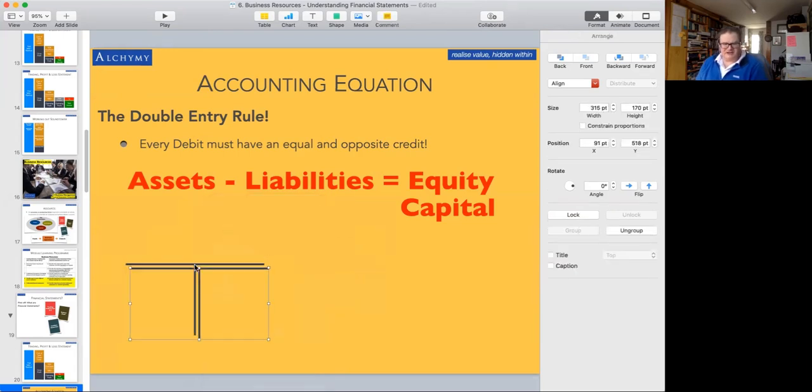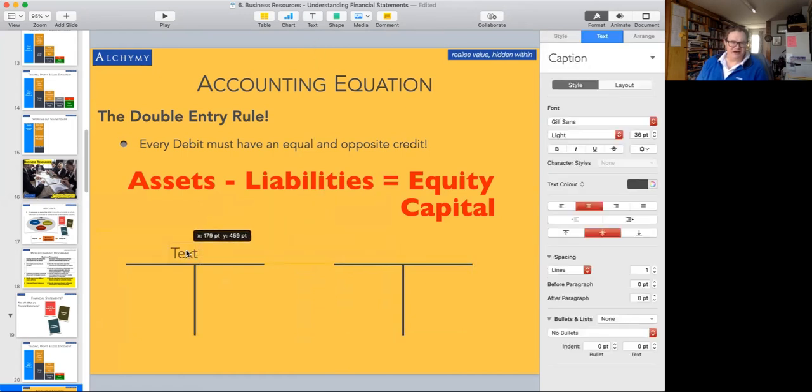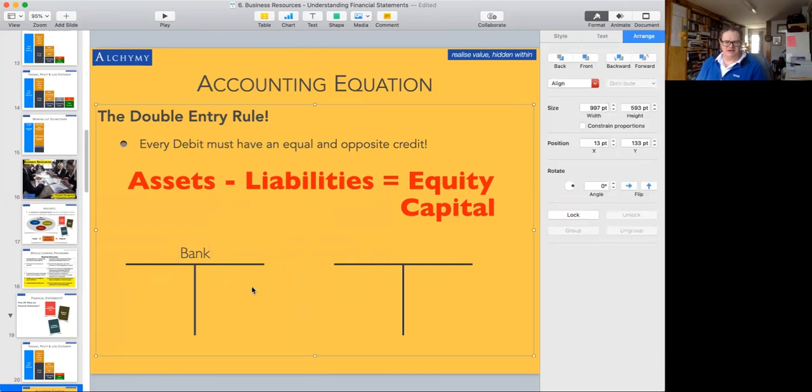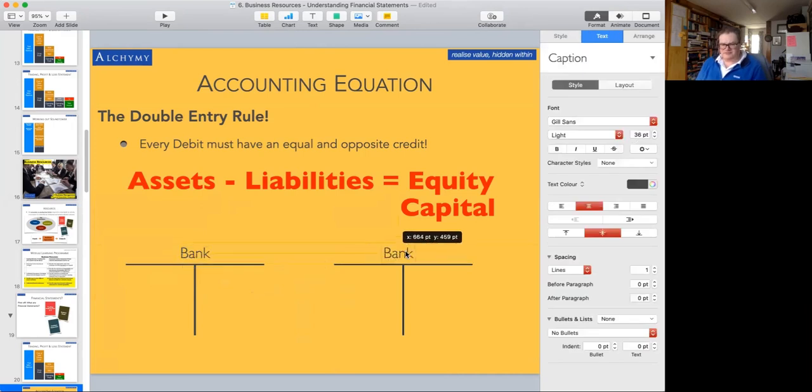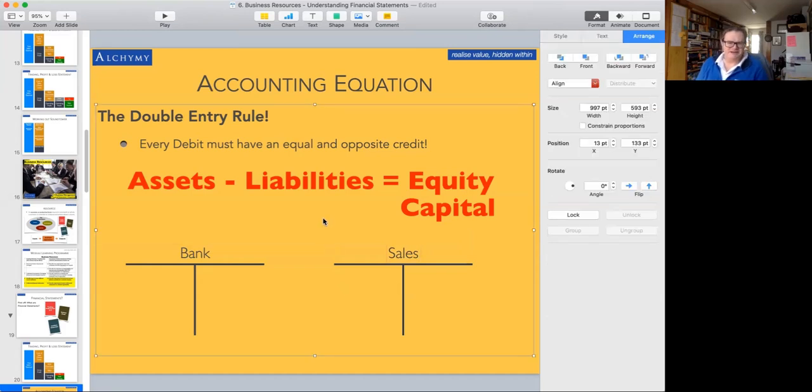So we have T accounts. The idea is that our accounting system is based on such accounts. So if we have a bank account in our books, we call it the bank account. And if we have a sales account, if we make cash sales, what that means is money comes in.